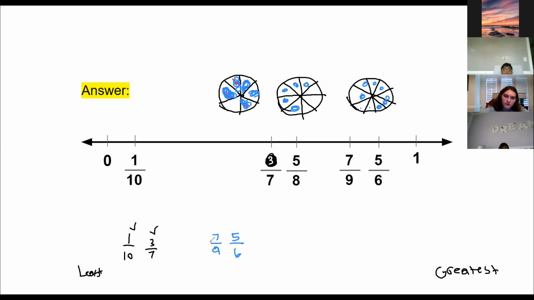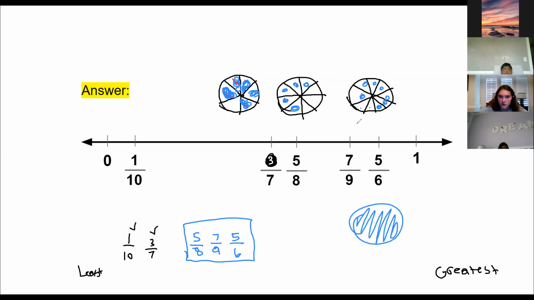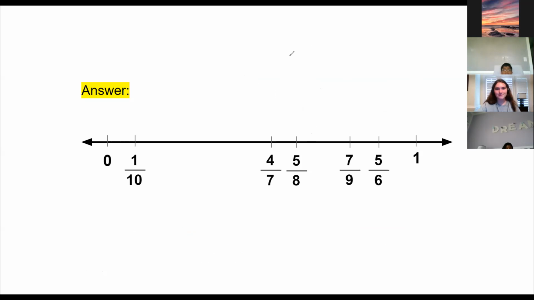And then 5 8ths. Does that make sense? Because 1 is technically a full pizza. Oh yeah, this is the closest, this is second, and then this is third. But you were close.